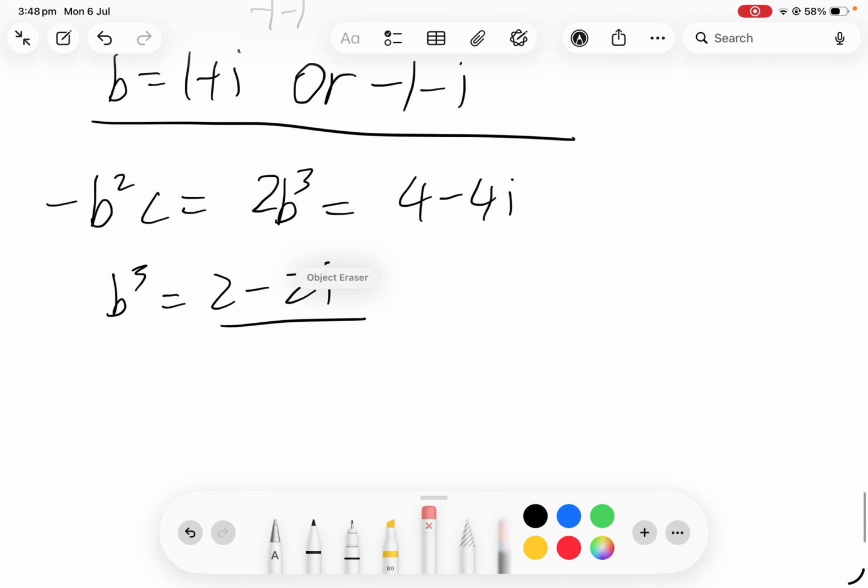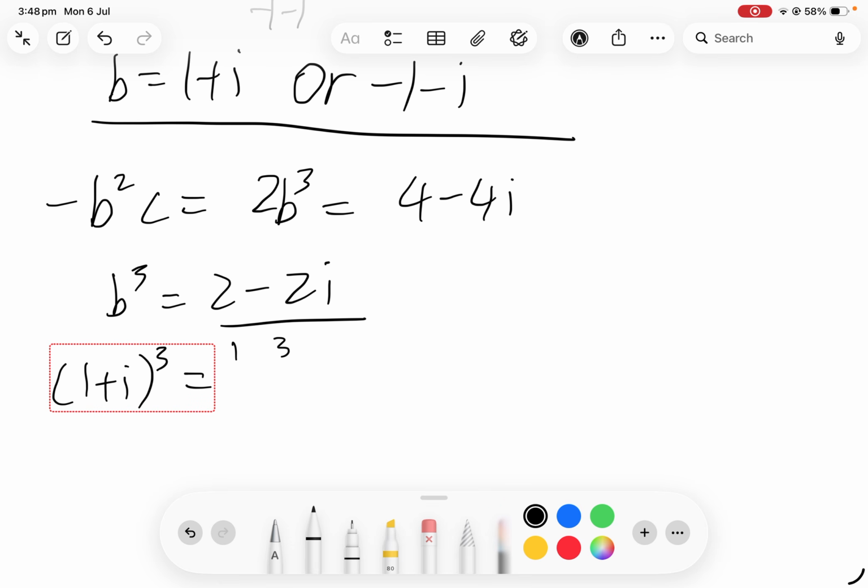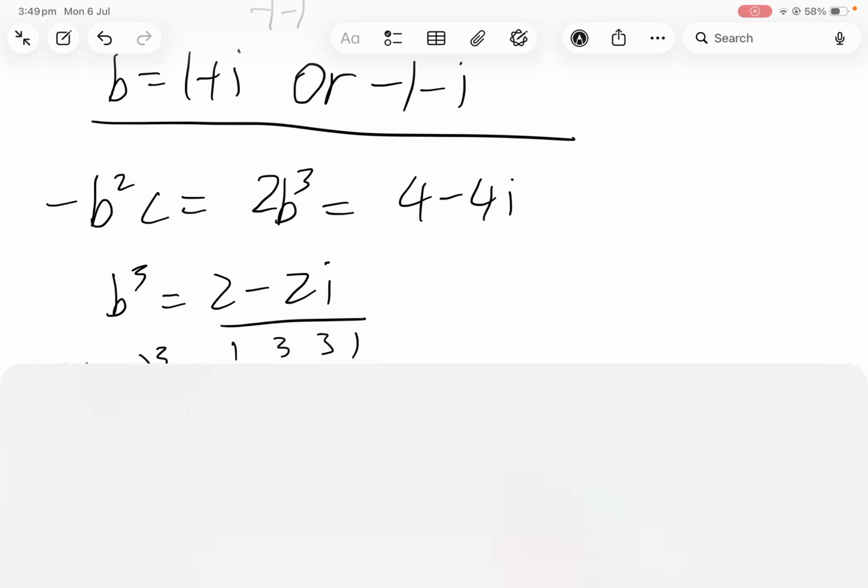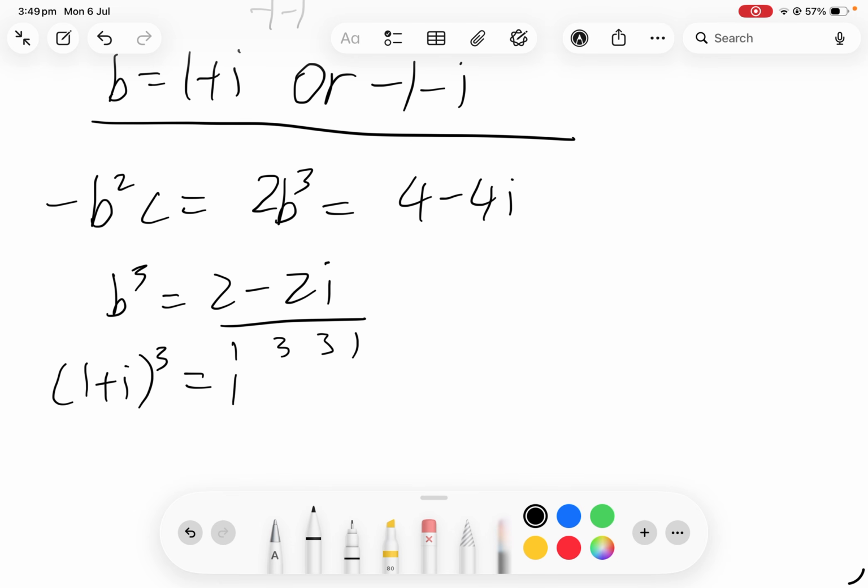Now we do 1 plus i to the power 3. We use the 1, 3, 3, 1 from Pascal's triangle. We start with 1, and then it'll be 3i, and then there'll be i squared, which becomes negative, so minus 3, and then plus i.